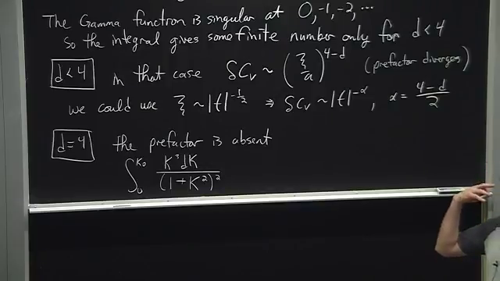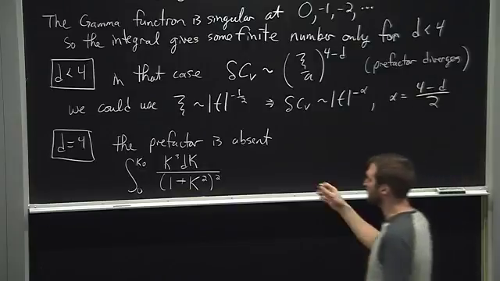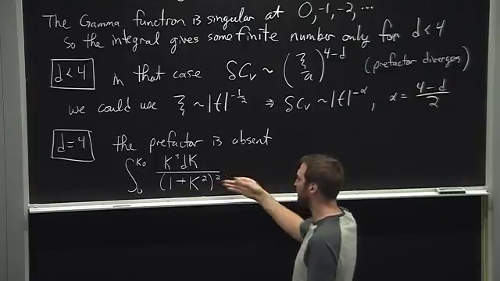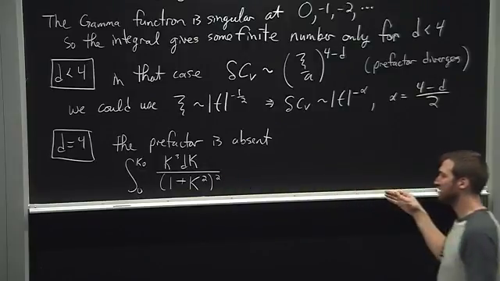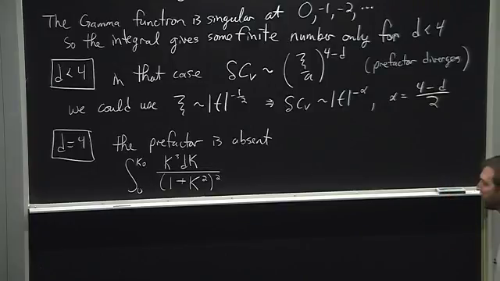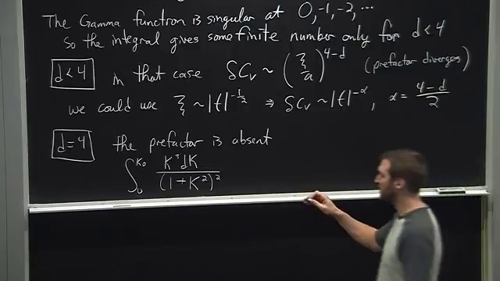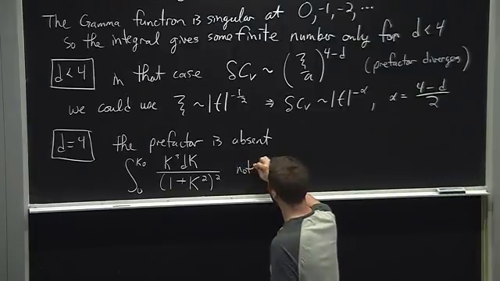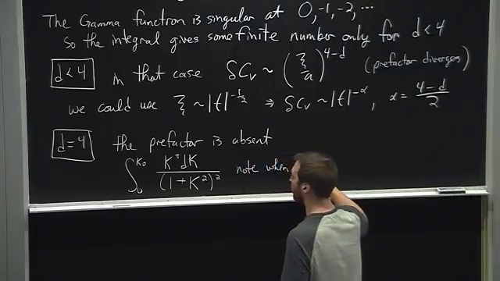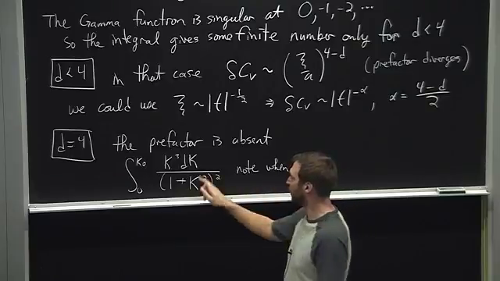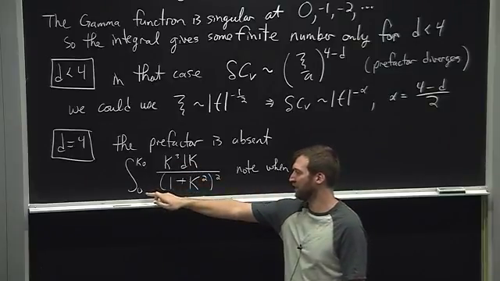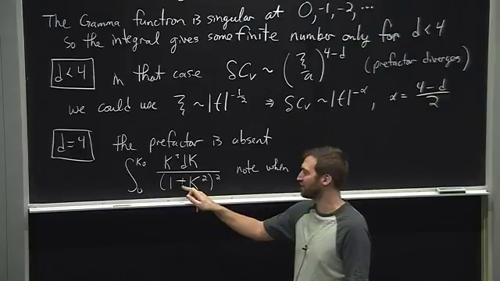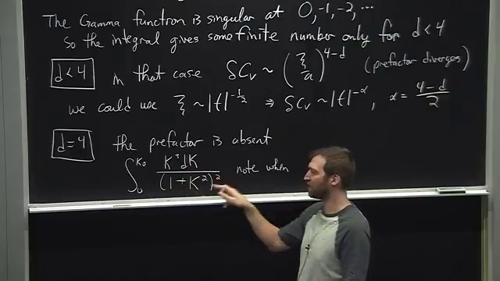Okay, so we're not going to solve this thing exactly, but we can note that this integral has behavior at each of its limits. If you take the limit when k goes to 0, the integrand is 0.